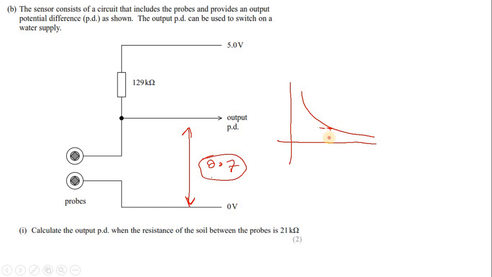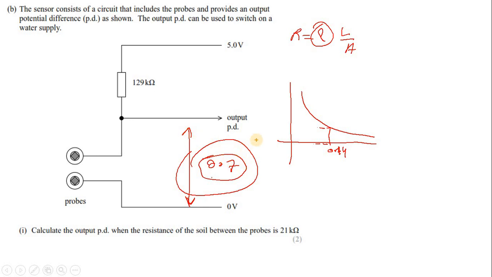So this is something like the 0.14 that we use, and if the moisture content is decreasing, that means resistivity increases. And if resistivity increases, since R is equal to rho L by A, the resistance is also increasing, and increasing resistance will cause the voltage to increase, not decrease.